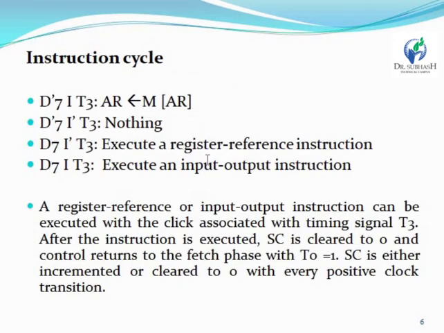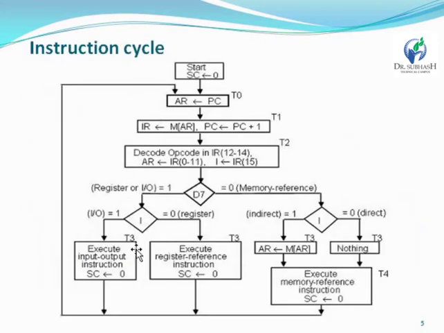So this is the short explanation you can write here. A register reference or input output instruction can be executed with the clock associated with the time signal T3. This is the T3 signal.